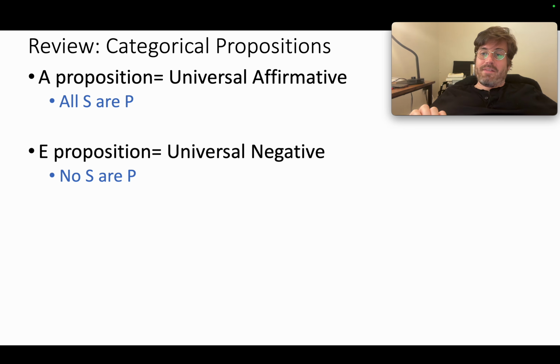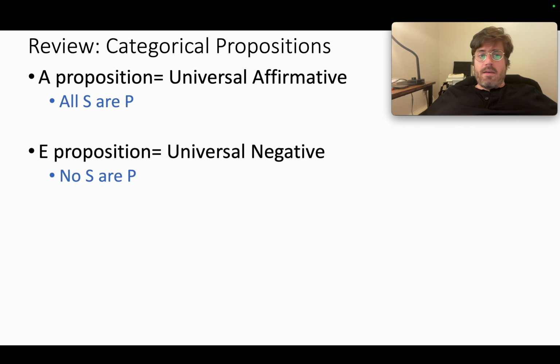Universal negative takes the form, for any content, no S are P, no S are P. This is still universal because the quantity is universal. It's referring to every member, or in this case, not every member. There is total exclusion of the S class from the P class. And the quality is negative because we are denying membership of S in P.